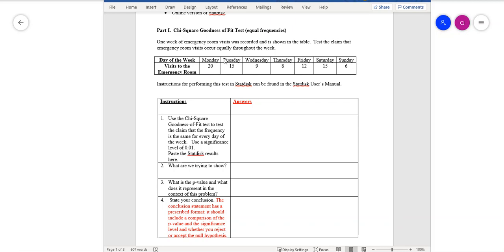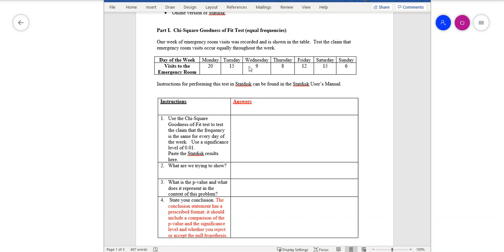Now, if you look at these numbers, we can see right away and say, well, they don't. But that's not enough. In statistics, we're really looking for models that are probabilistic in nature. So when we think of it from a statistical standpoint, we're saying that roughly the number of visits that occur each day are the same.